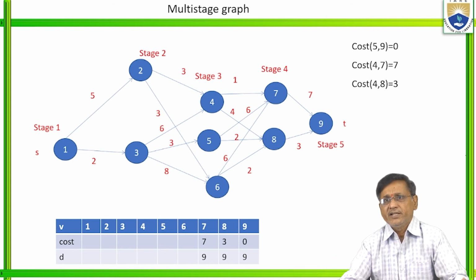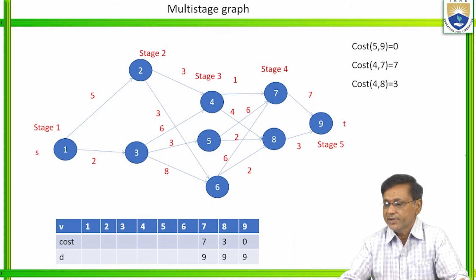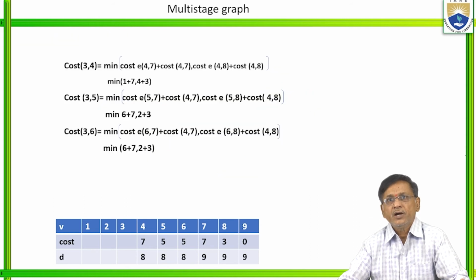Now we have to find out the cost corresponding to vertex 4, vertex 5 and vertex 6 in the stage 3. Now we have to find out the cost of vertex 4 in the third stage.